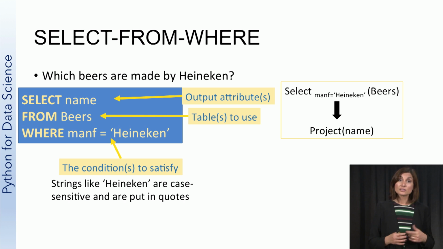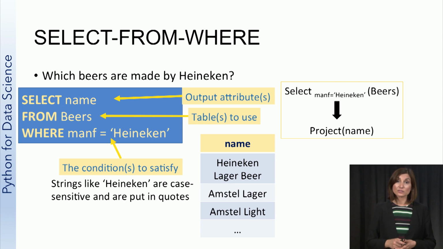So, the selection operation finds all tuples in beers for which the manufacturer is Heineken, and from those tuples it projects only the name column. The result of this query is a table with one single attribute called name. This would be a column in pandas or a series object.